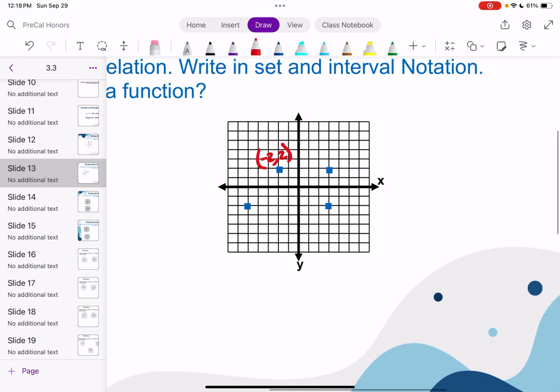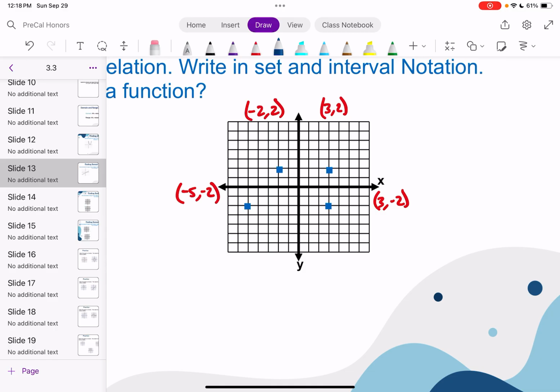We can actually go ahead and write this in a clearer area. (-2, 2), we have (3, 2), we have (3, -2), and we have (-5, -2). These are extremely important because it gives us an idea of what numbers we are specifically going to hit, since there is no line that connects all of them.